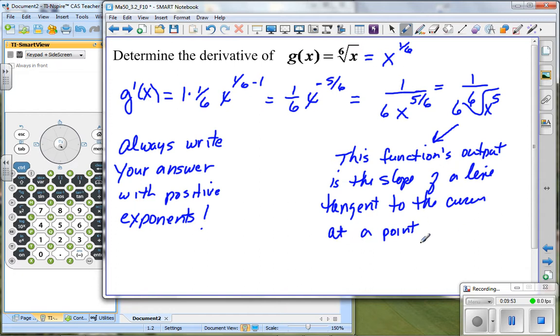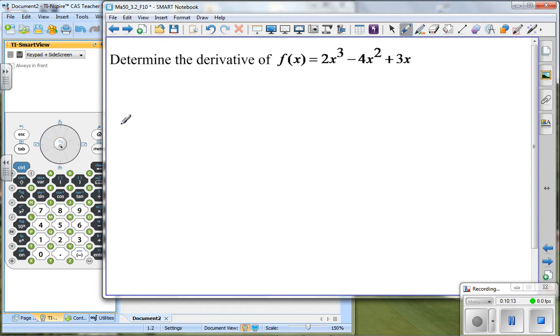It's the same definition of a derivative that we've been looking at. So the function's output is a derivative. We can then go back and input anything we want in here and locate the slope of the line tangent to the curve at any specific point. Okay, well, let's go on and let's look at this problem.